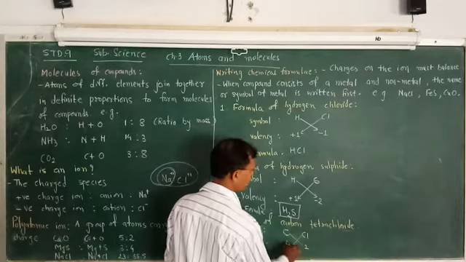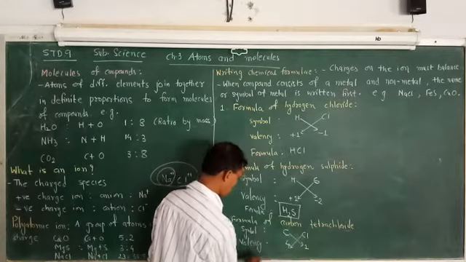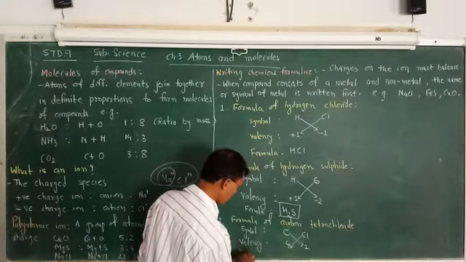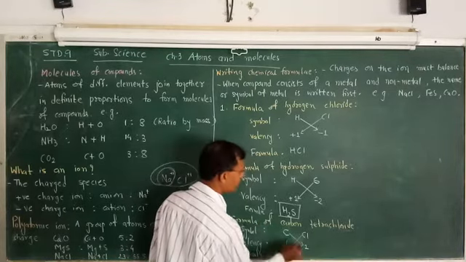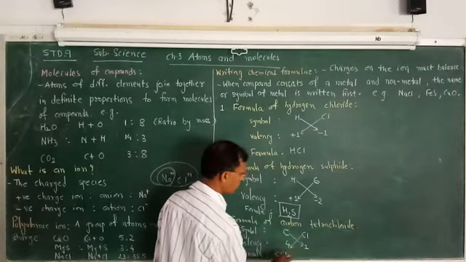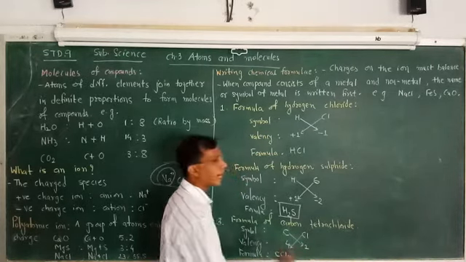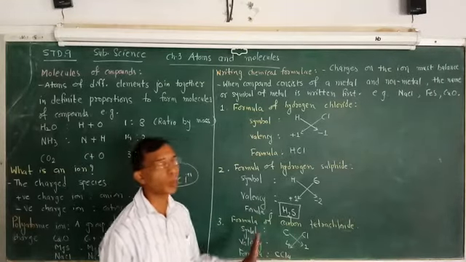Cross multiply. So the formula of carbon tetrachloride is CCl4. Tetra means 4, carbon tetrachloride.